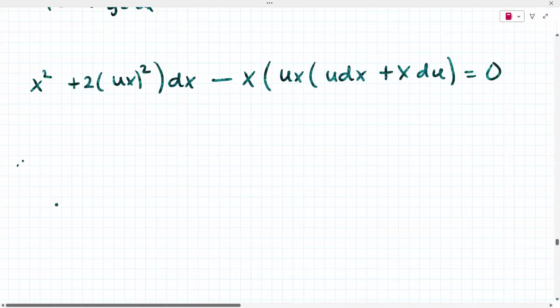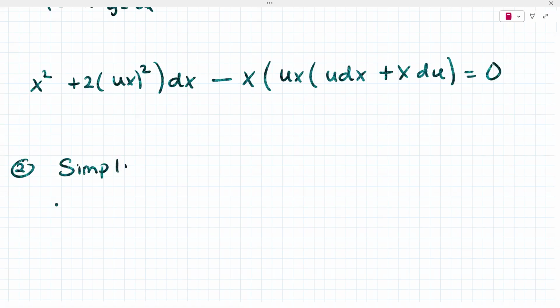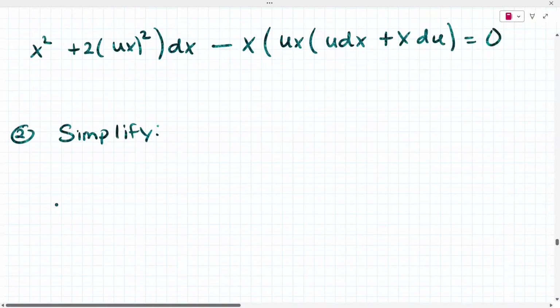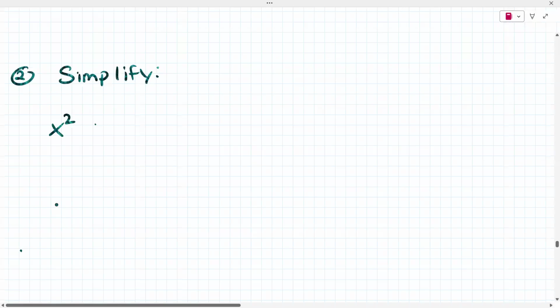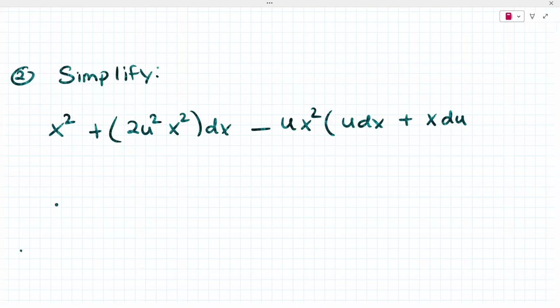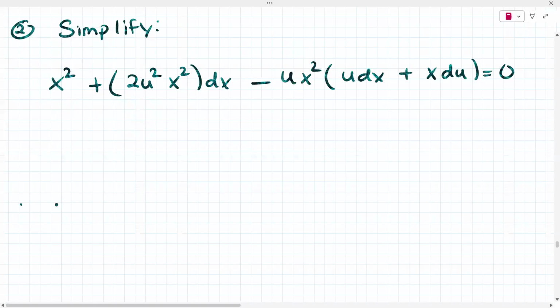Okay, step 2 is simplify. So go ahead and simplify, FOIL, so you get x squared plus 2u squared x squared dx minus ux squared of u dx plus x du equals 0. Okay.